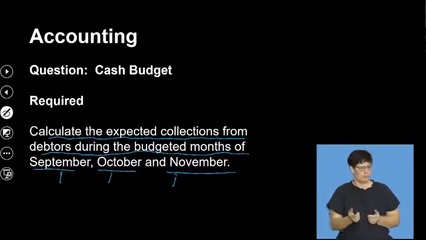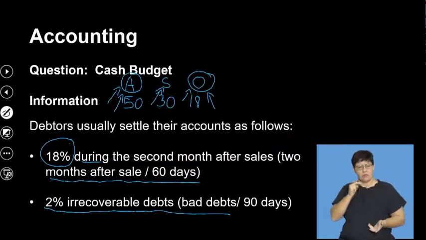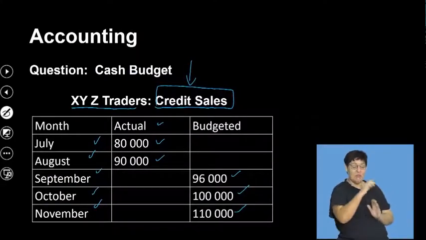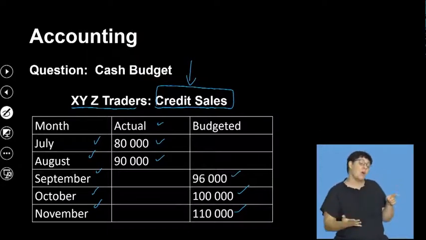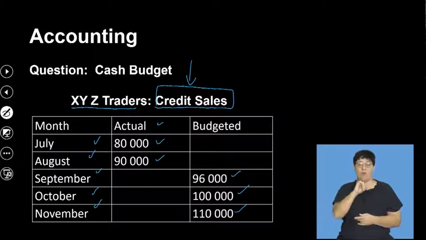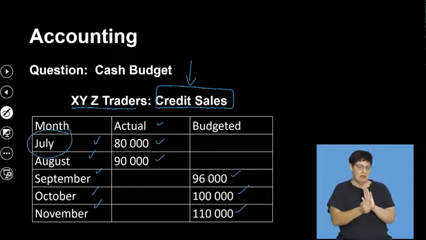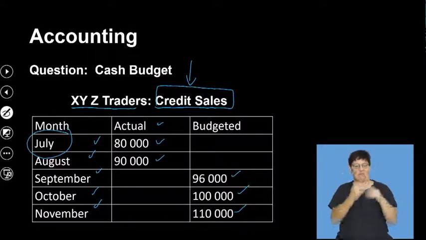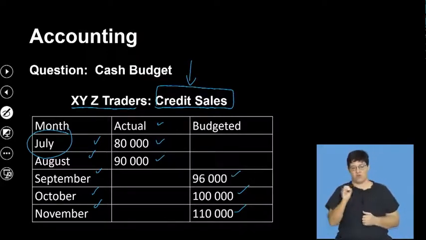Why not? Because, let me just show you the previous slide, just to make you aware of what we are saying. If you sold goods on credit in July, how will your customers pay you? Some will pay in July, 50%. Some will pay in August, 30%. Some will pay you in September, the 18%. Can you see? So your July credit sale is going to impact on September, which is in your budget period, September, October, and November. Clearly, you must be able to see this.